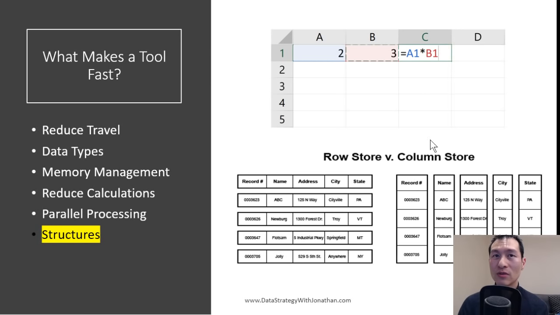So here we have an Excel table, right? You can see that you've got rows and columns. And this is your typical Excel formula where you can multiply a couple of cells together. One of the good things and the bad things about Excel is that it's very flexible, right? You can stick anything anywhere you want.